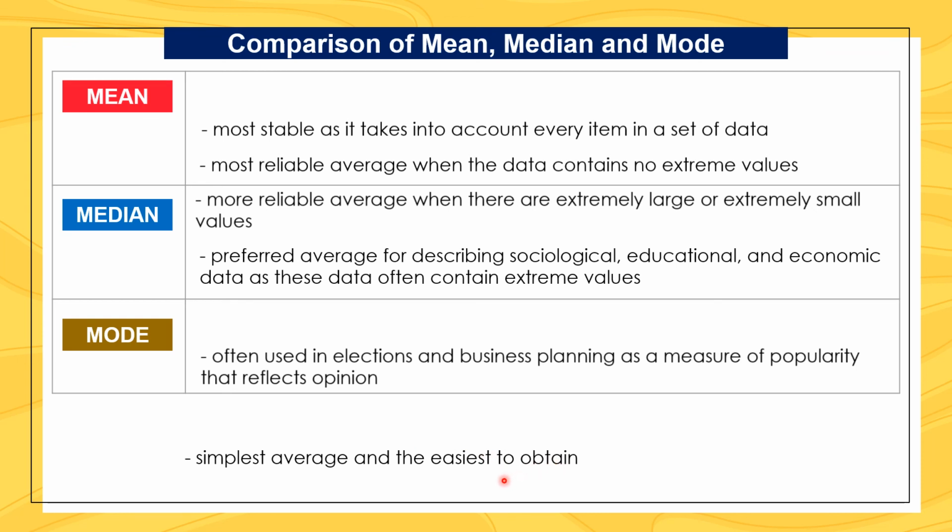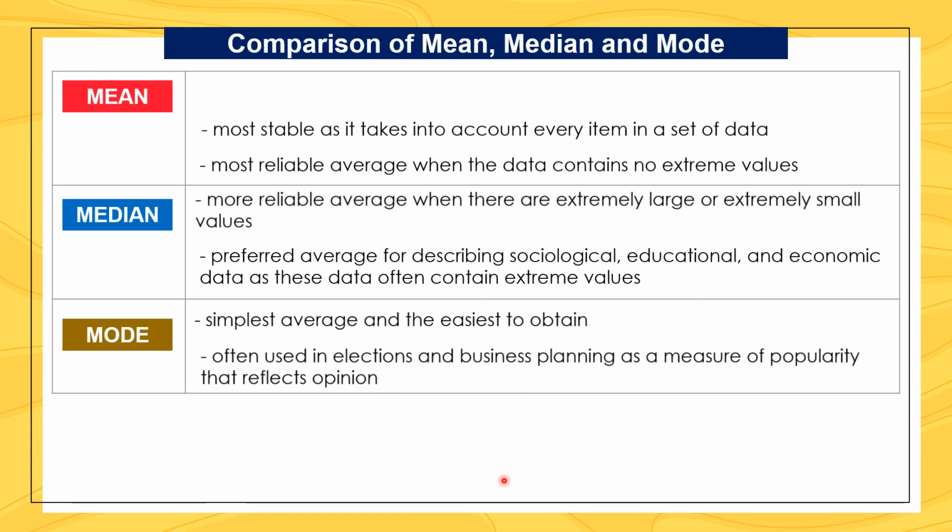What do you think? This is, of course, your mode. By looking at the data, you could identify the mode of it. And lastly, the most widely used average is the mean. And that's it. So you may take a good look at these characteristics in comparison of mean, median, and mode.